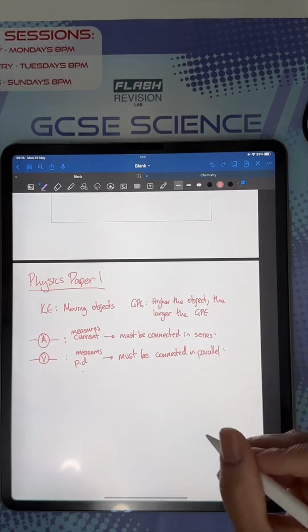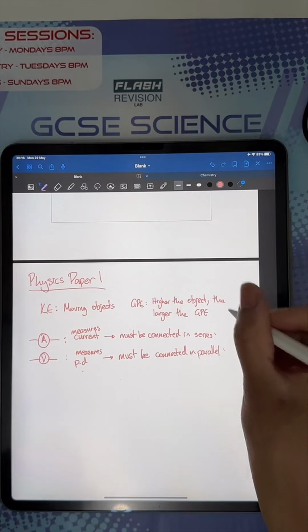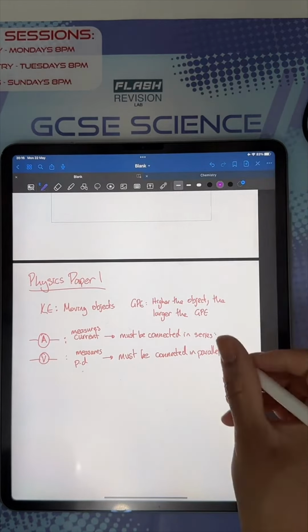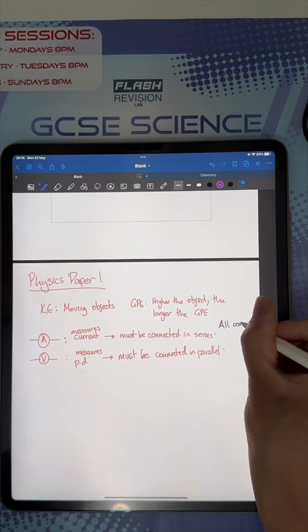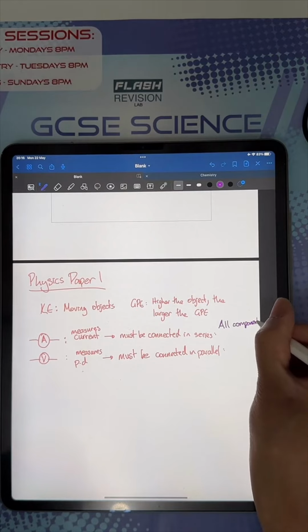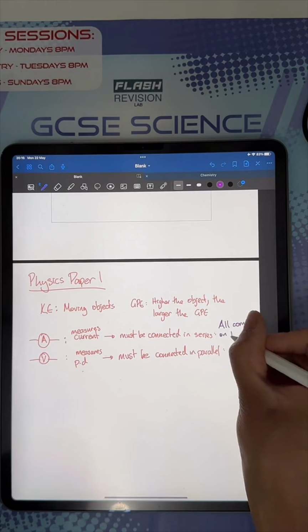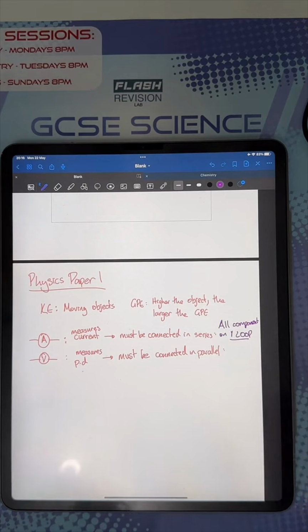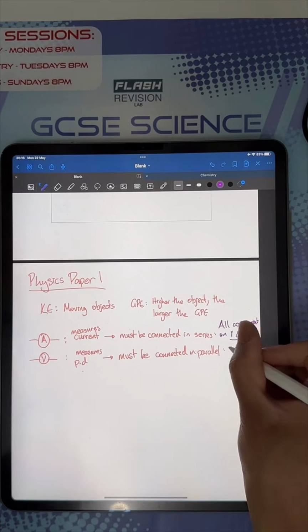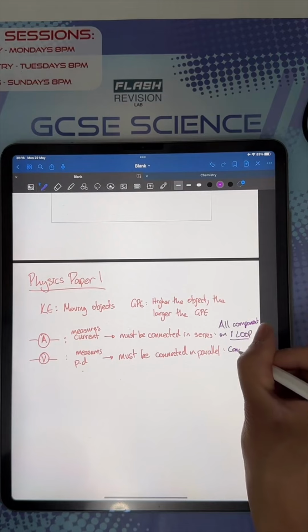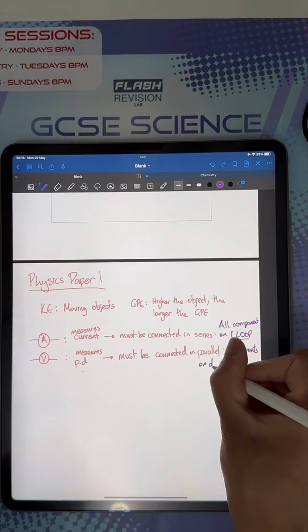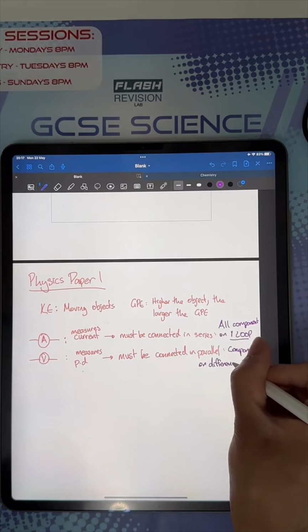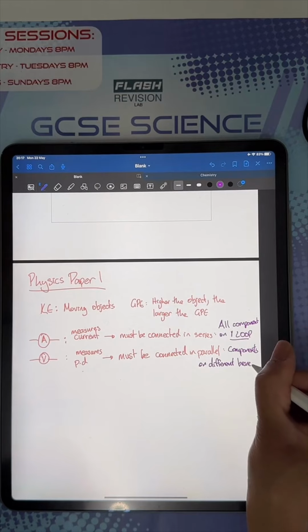In series, all the components are on one loop. So everything connected is in one loop. Whereas in parallel, you have loads of different branches coming off. So components are on different branches.